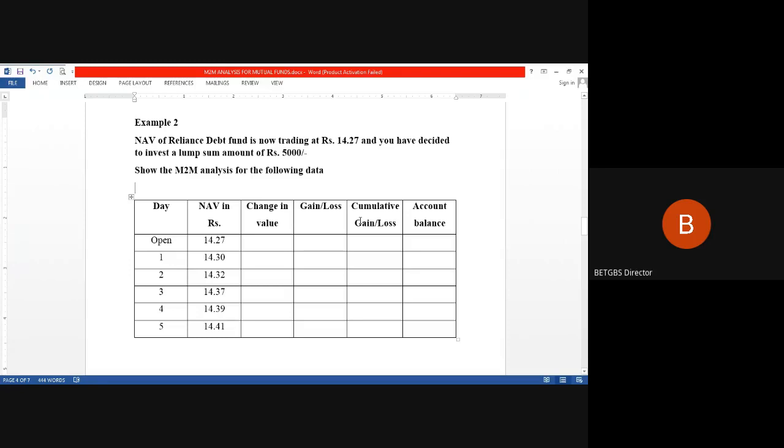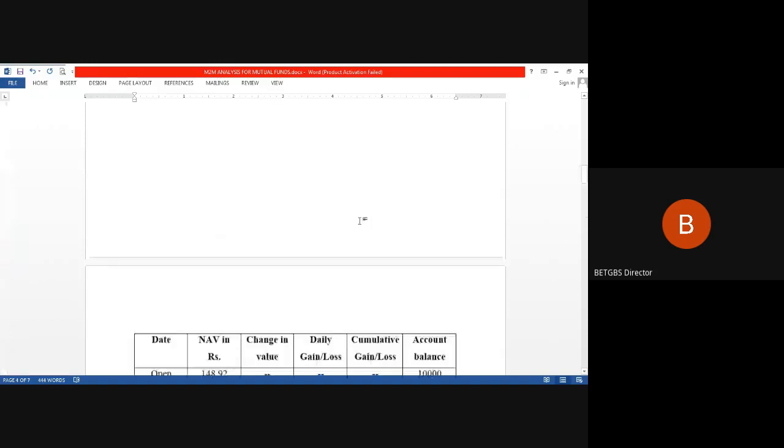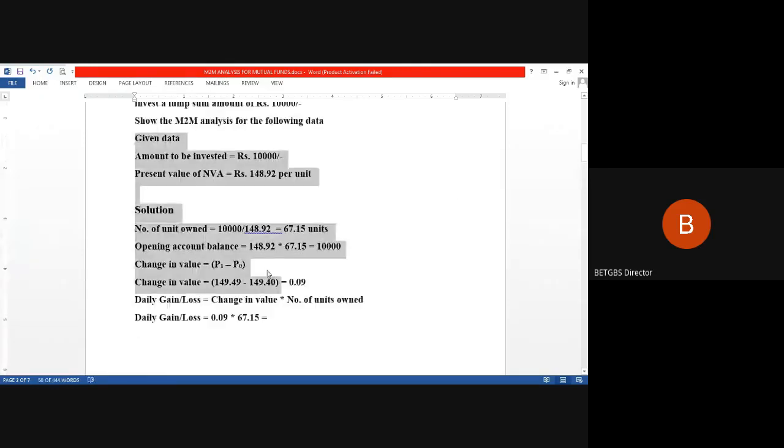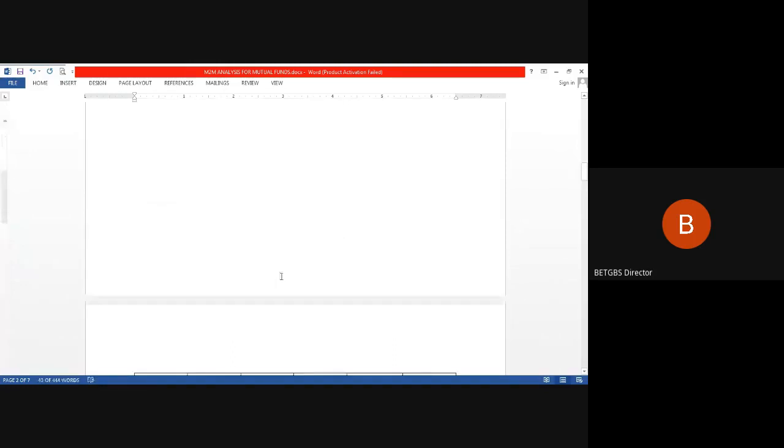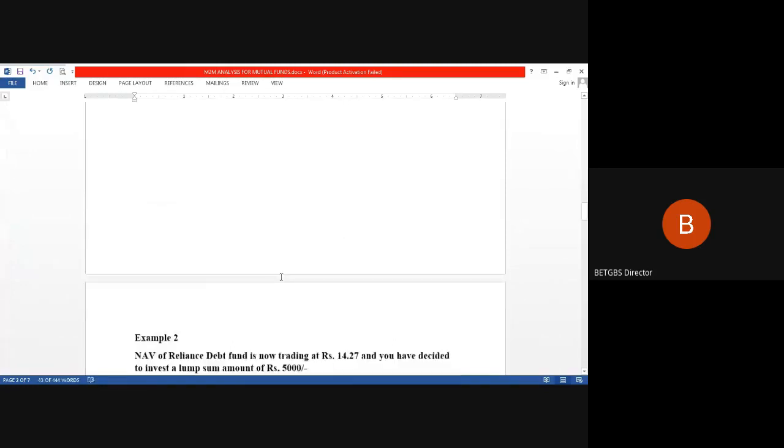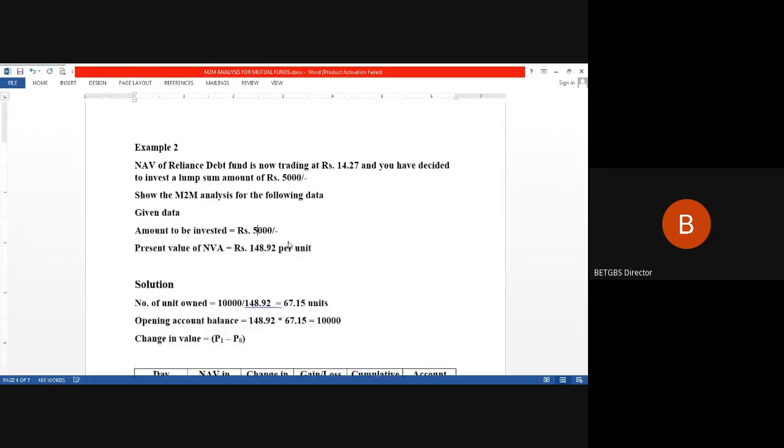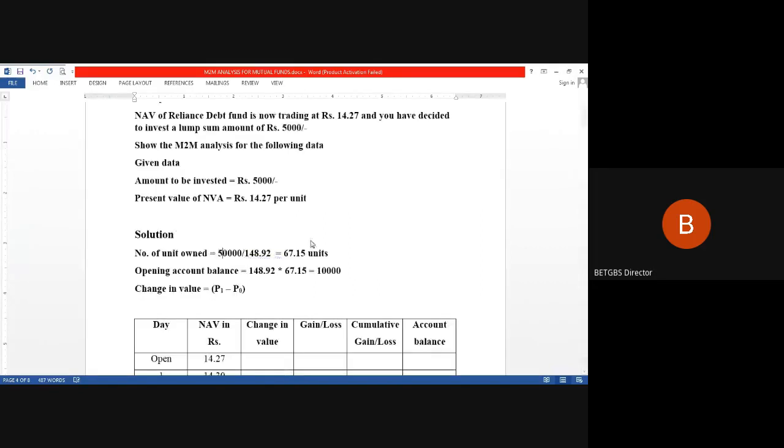So we go back to our analysis, and we'll make the analysis accordingly. The given amount of investment is 5,000, and the present value of NAV is 14 rupees 27 paise.